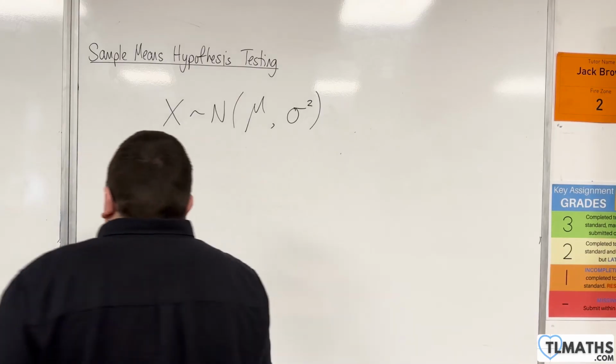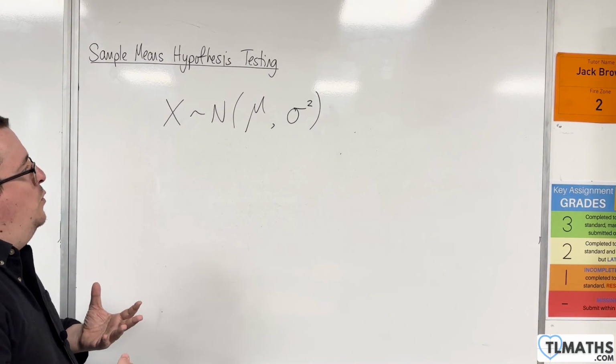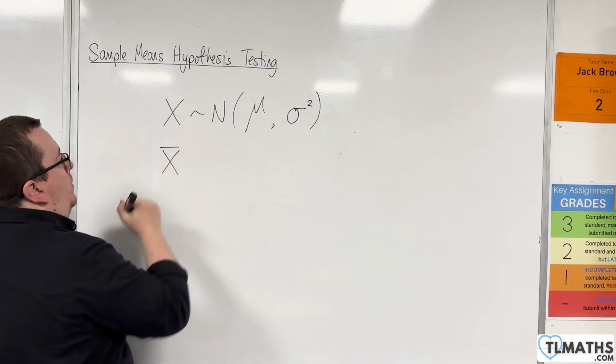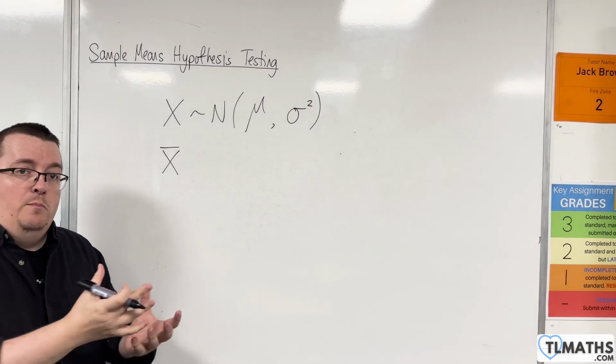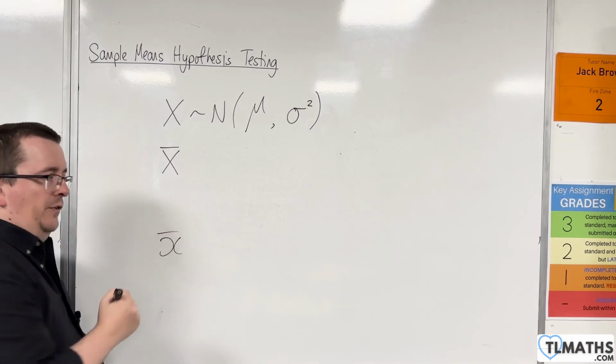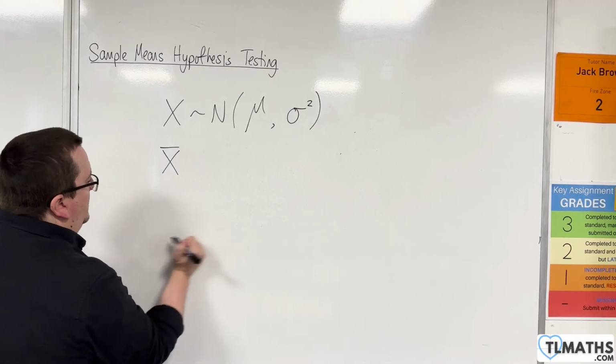And then we have the sample that we collect, which we denote with x bar for sample mean. We regularly use x bar for sample mean, don't we? So understand that to be the mean.